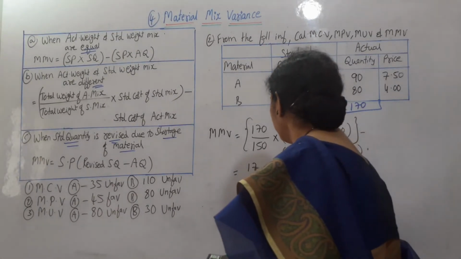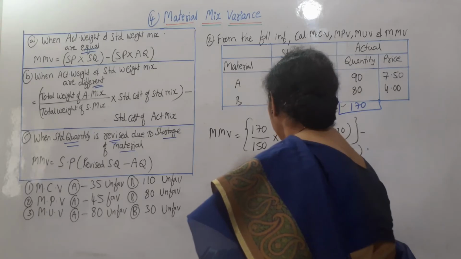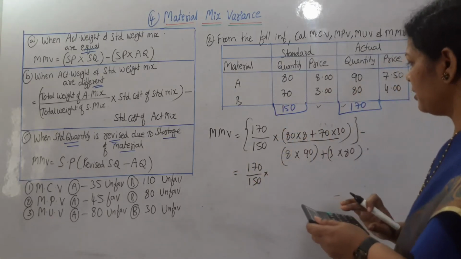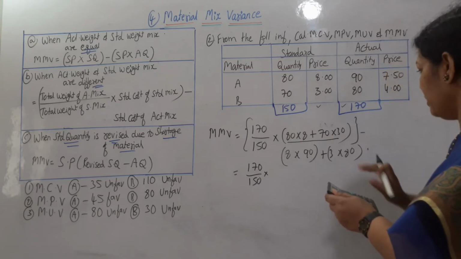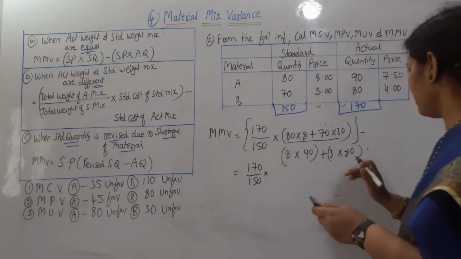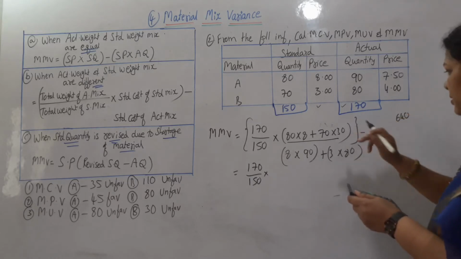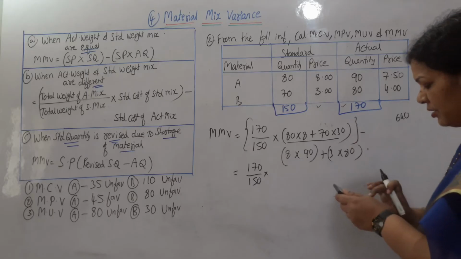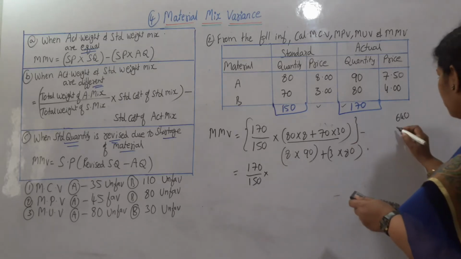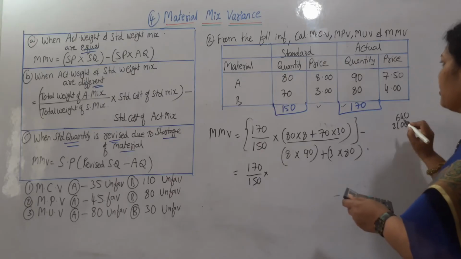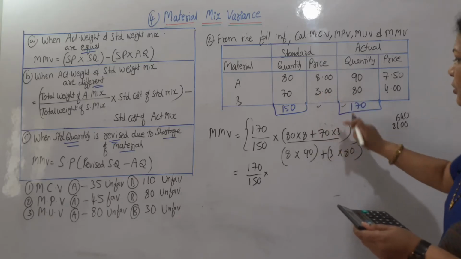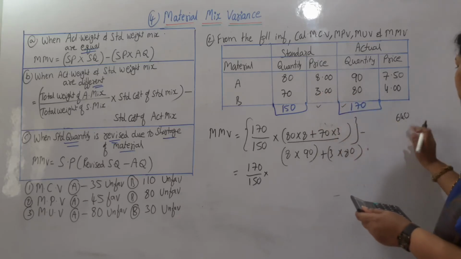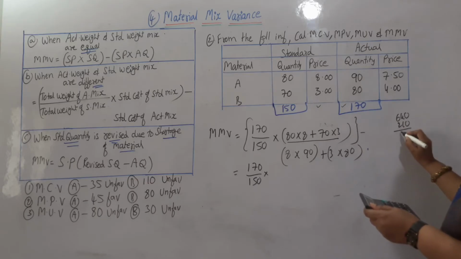First we'll simplify: 170 by 150 into, 80 into 8 is 640, plus 70 into 3 rupees, 210. It means this is 850.